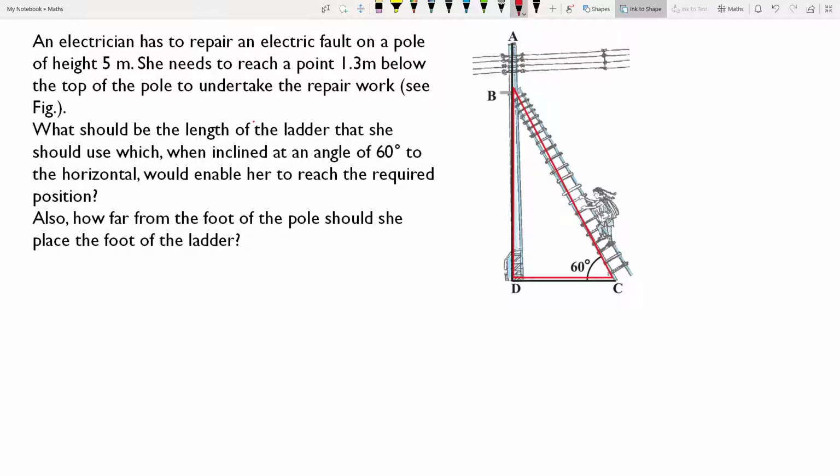Into it, we have observed that whole length AD was given, and therefore we can find length BD. You will observe that BD should be whole height AD minus AB. Consequently, it would be 5 minus 1.3, that's 3.7 meters.